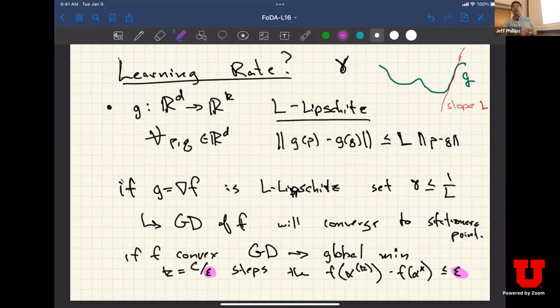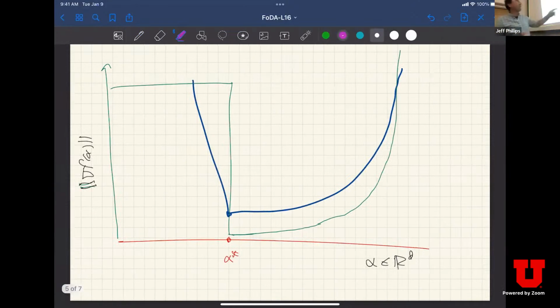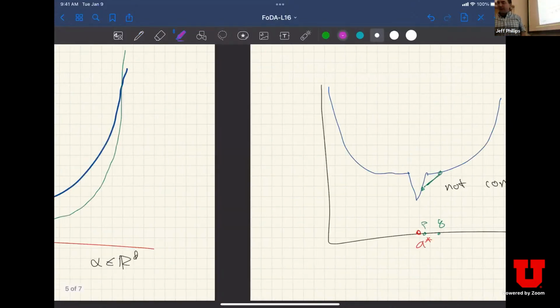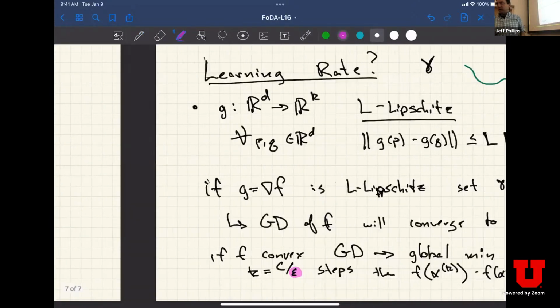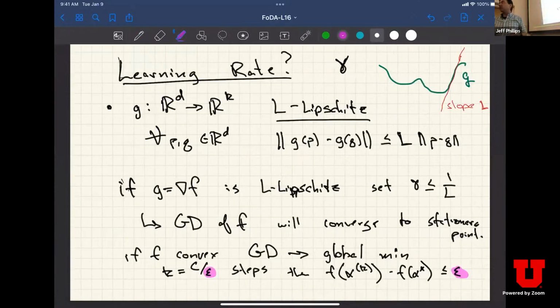If I have convexity and I set the learning rate so it's not too big compared to the Lipschitz factor, right? Remember, if I have a case where the gradient can change really quickly, I might get something kind of haywire going. This gradient is not Lipschitz. There's a jump in the gradient function here, so this is not Lipschitz. But if I have a smooth function, then it's going to be Lipschitz, and then I'm going to get convergence.